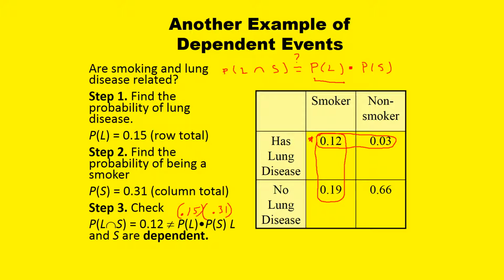Let's see, what would this be? Oh, actually it's not that close at all. So maybe that would be about 0.05 approximately, which is not that close to 0.12.